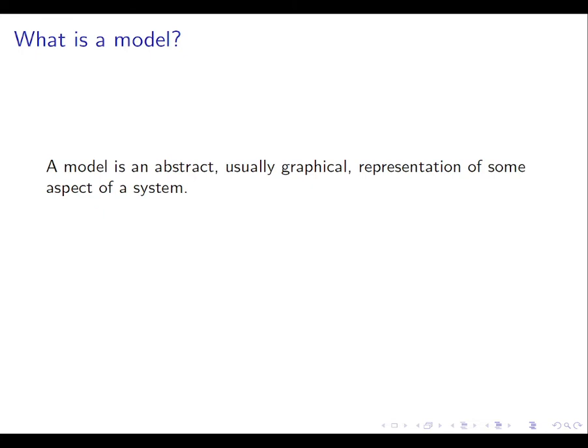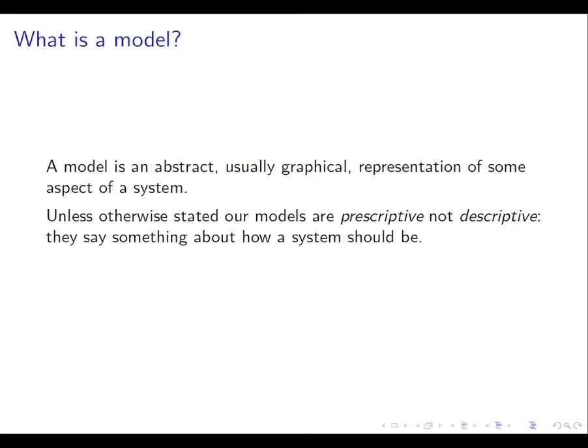What is a model? So here is my favourite one-sentence definition. A model is an abstract, usually graphical, representation of some aspect of a system. You'll come across in other places the idea of descriptive models, where you start off with some very complicated system, whether it's a piece of biology or what have you, and you describe how it works.